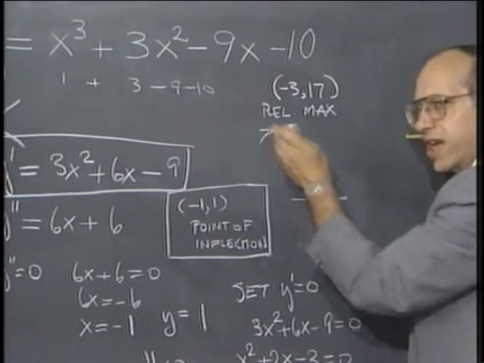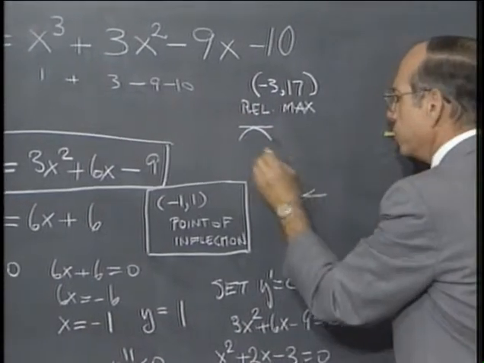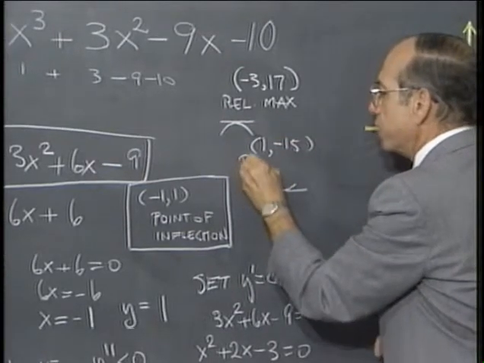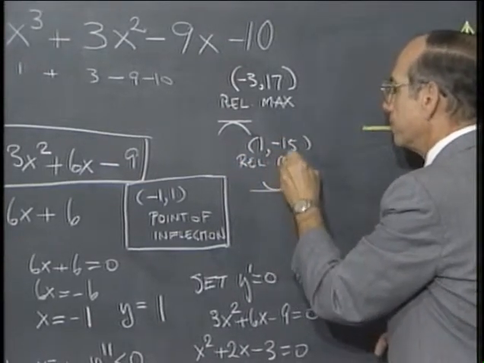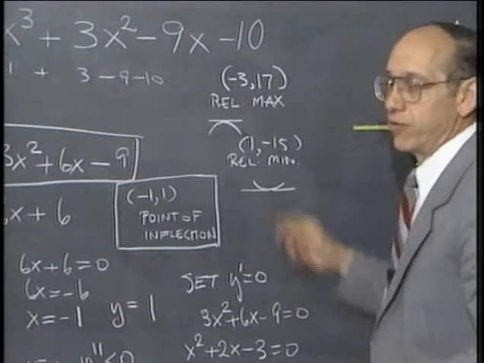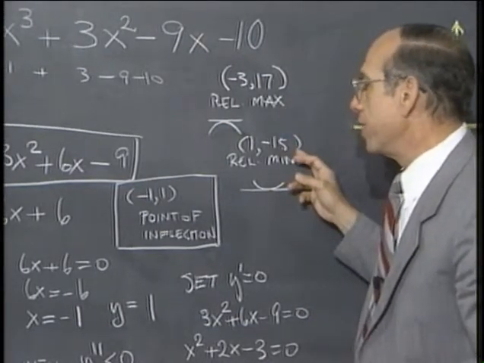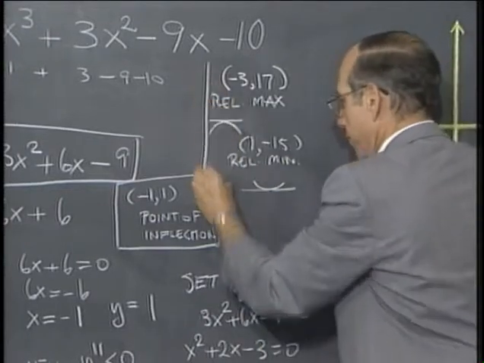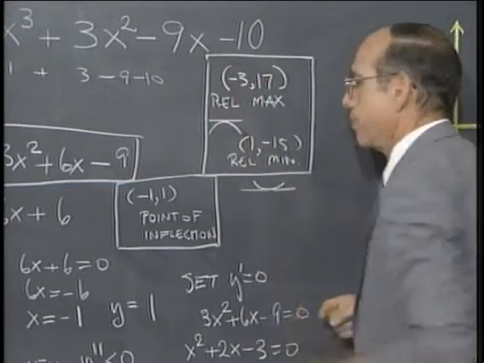So that was x equals 1, right? At x equals 1, y equals minus 15, and that's a relative minimum. Now we have a relative maximum, a relative minimum, and don't forget that point of inflection that we got earlier.